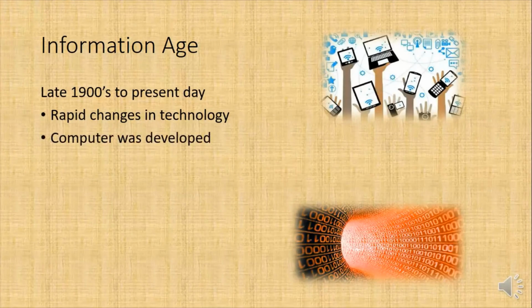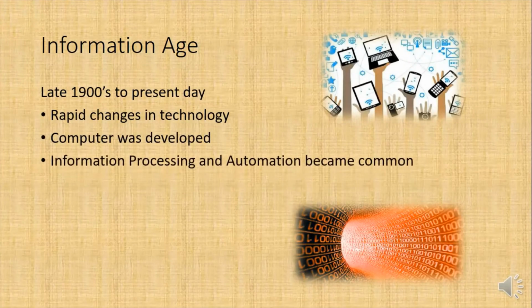The computer was developed. Information processing and automation became common. There's a great movie called Hidden Figures. In the movie, you had these women who were called computers because they used to compute information. They were great at math and they would do all the handwork of math and the calculations.